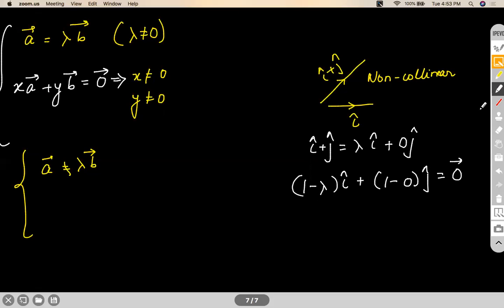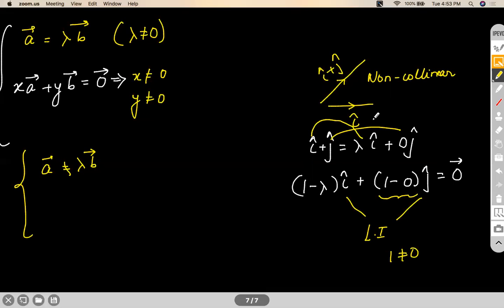Now, you know i and j are linearly independent vectors. That means their coefficients should individually be 0 if you are trying to get a null vector. But this coefficient is 1, and 1 is not equal to 0. Now you understood why we used to compare the coefficient of i with i and j with j. It is because they were linearly independent, because they were non-collinear.